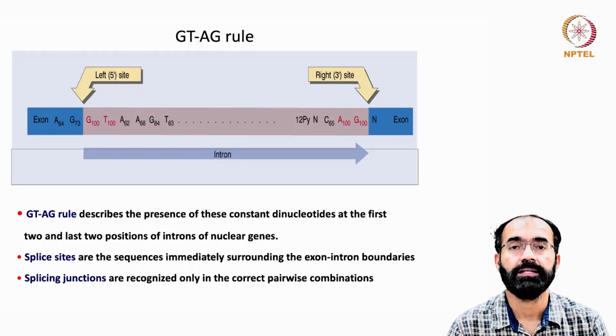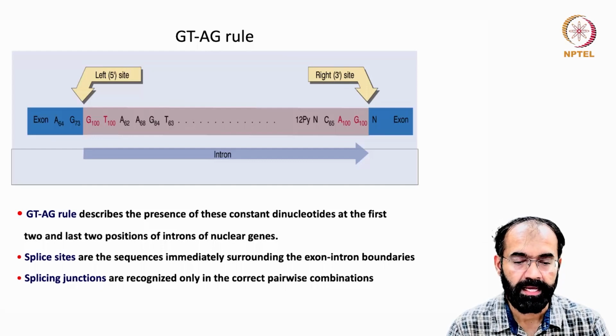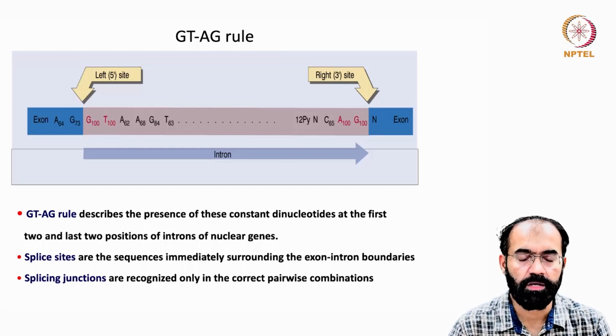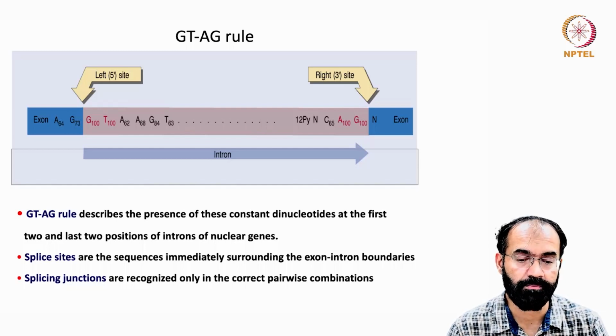So this base specificity is always followed in the case of introns, and of course the polypyrimidine tract and the branch points etc. are also very important.